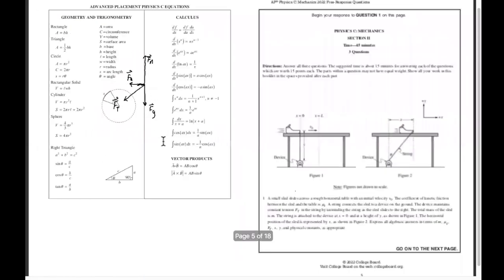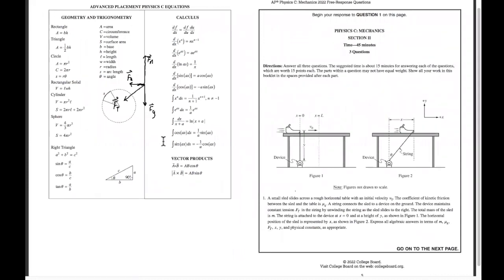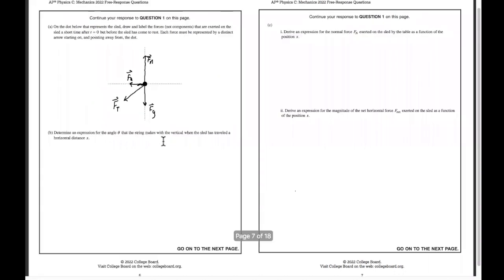Now, in addition to that, we want to determine the angle that the string makes with the vertical when it has traveled a horizontal distance x. If we head back over to the diagram, you can see that the angle is essentially in a right triangle with the values of y and x.